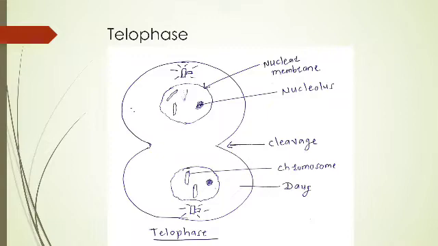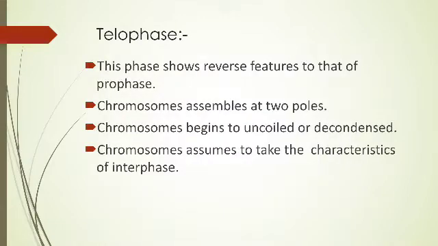That means the cell is regaining the characteristic features of the interphase cell. The characteristics the cell had in the interphase can be seen in the telophase. So we are going to see the events in telophase. The things that we saw in the figure, we will discuss over here.